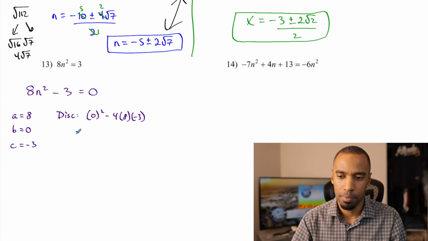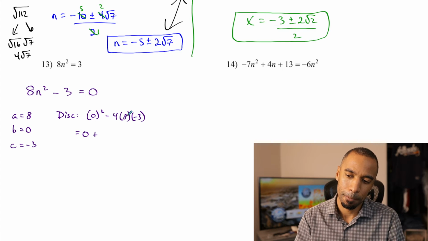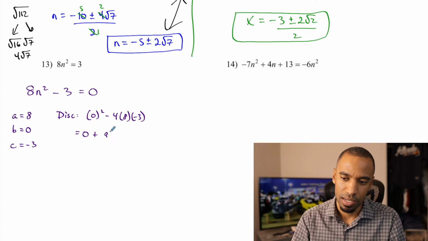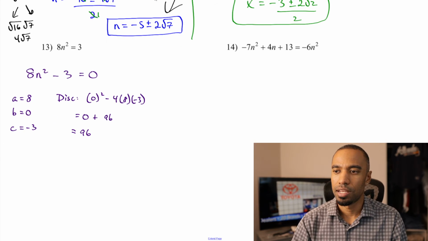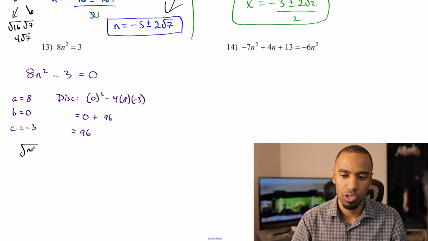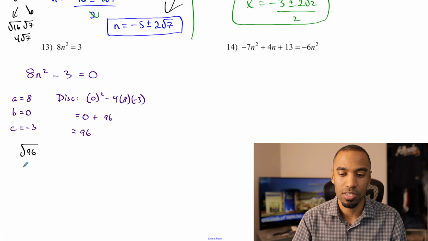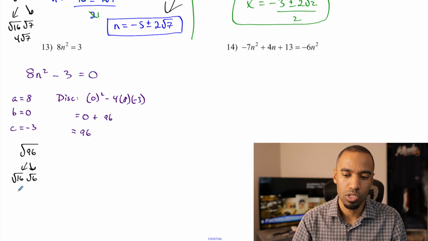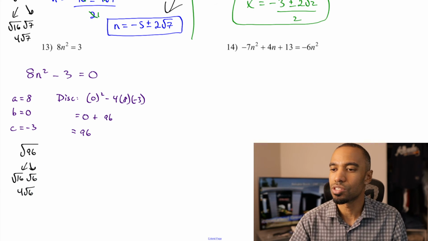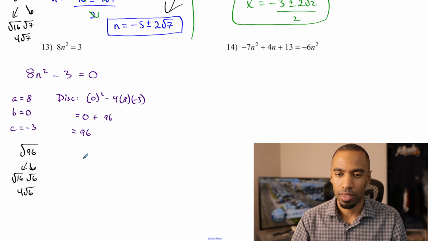Remember that negative there because we're going to get 0 plus 96. 96 is a radical which we can simplify there. Square root of 96 is 16 times 6, root 16 times root 6, which is 4 root 6. All right, let's go to work on that one, guys.